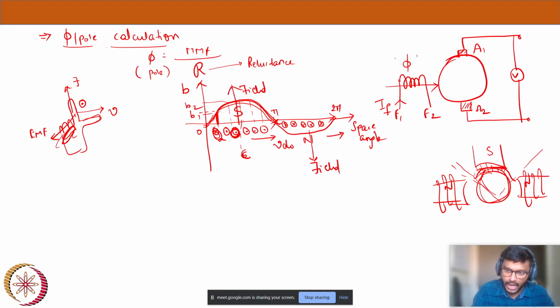You will also get the exact value of the B average. Now if you see this kind of trapezoidal field distribution, this dotted line will just represent the B average.